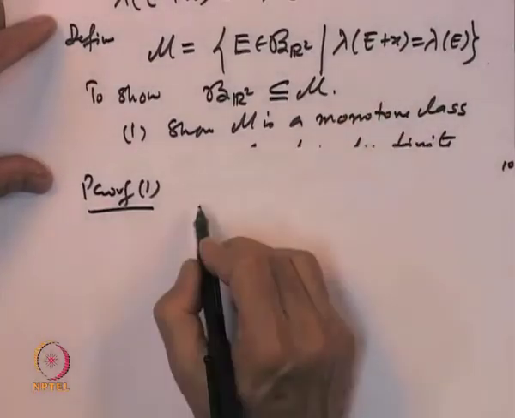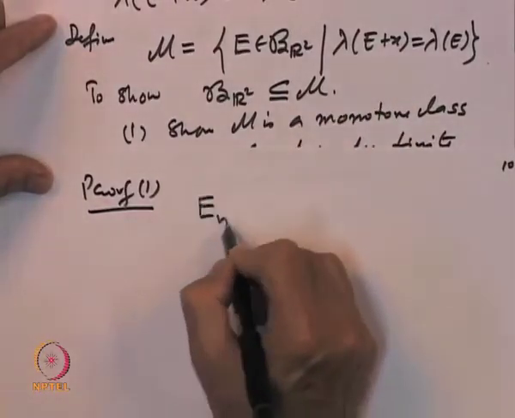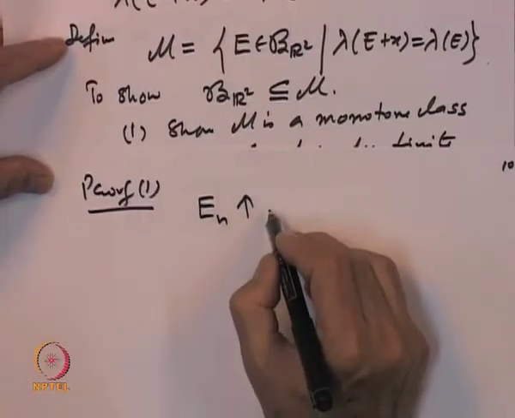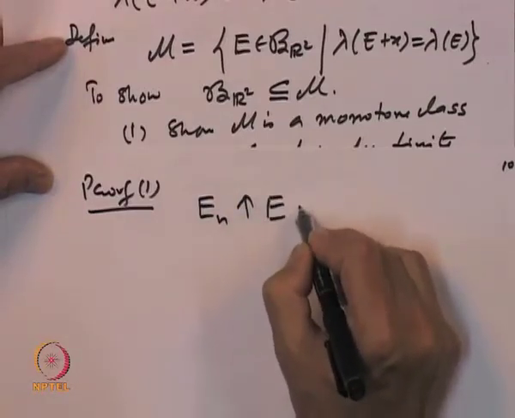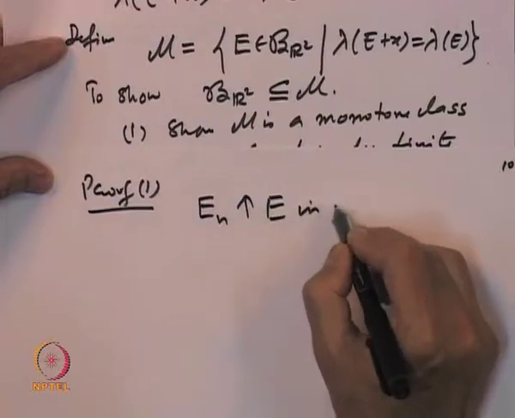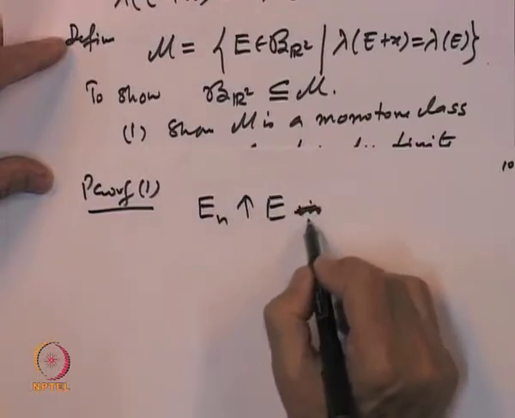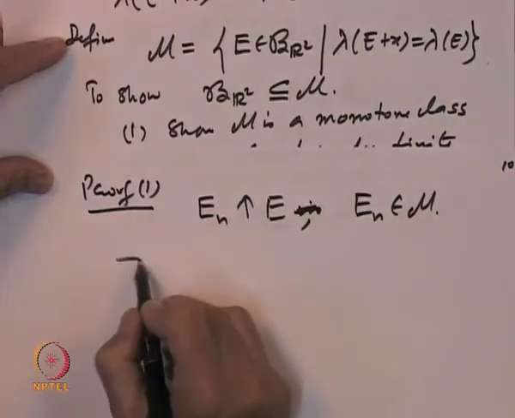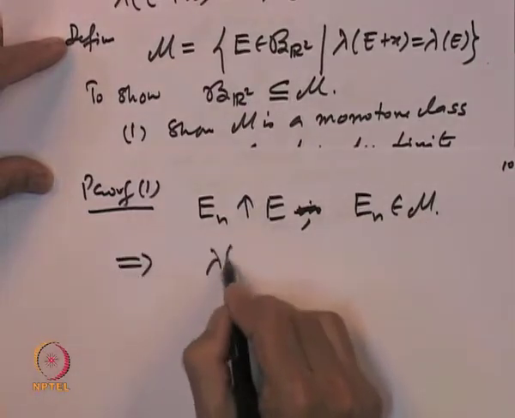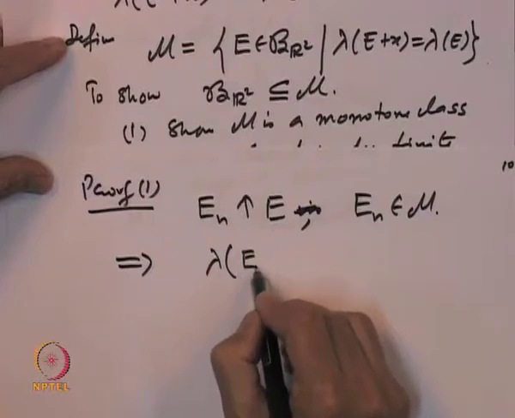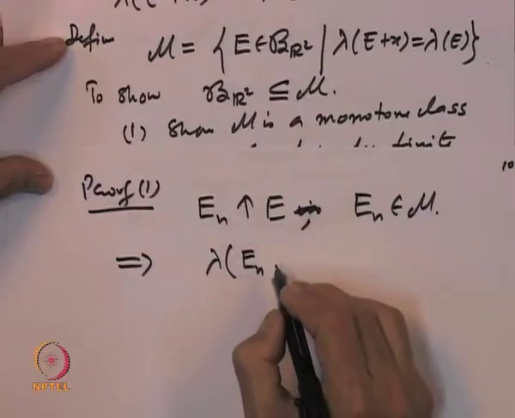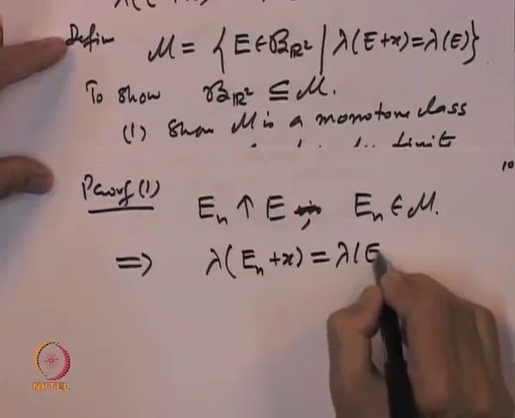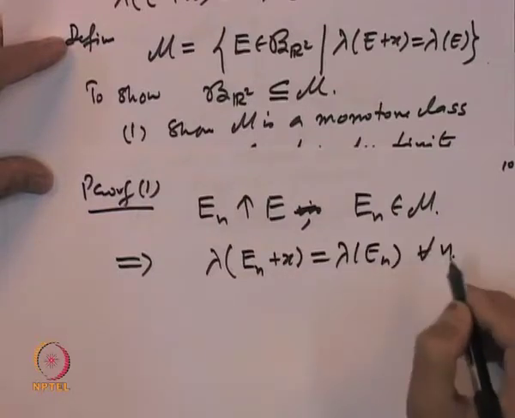Let us look at a sequence E n which is increasing to E, and let us say E n's belong to M. That will imply that lambda of E n plus x is equal to lambda of E n for every n.